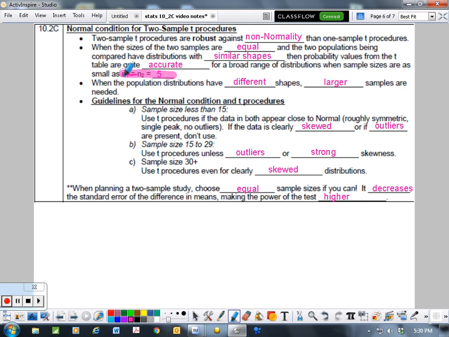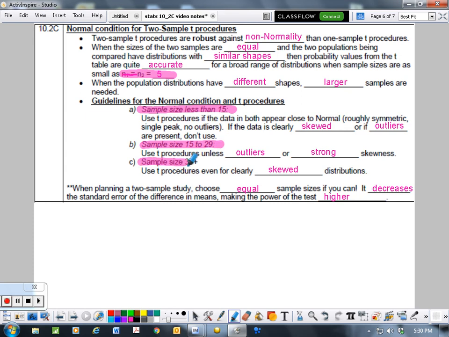Now, if the populations have different shapes, larger samples are needed. So guidelines for normal condition. If our sample size is less than 15, use t procedures, but if the data is clearly skewed or if there's outliers, don't use. Sample size 15 to 29, you can use unless there's outliers or strong skewness.